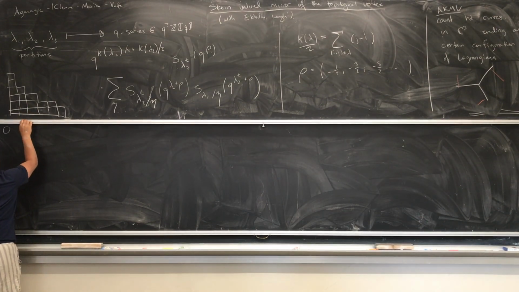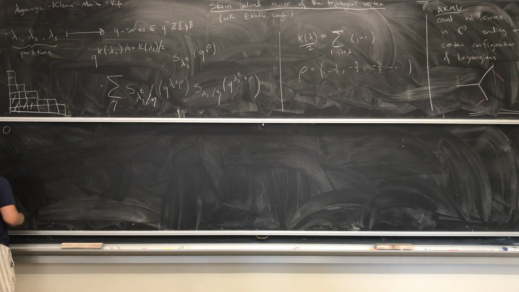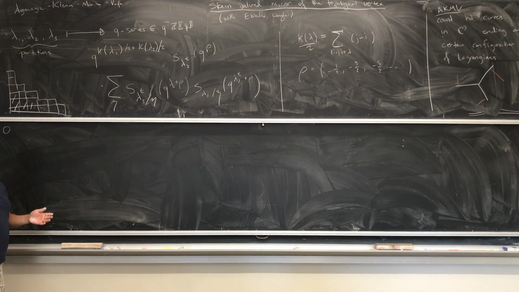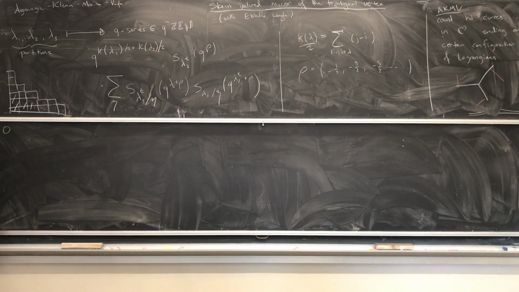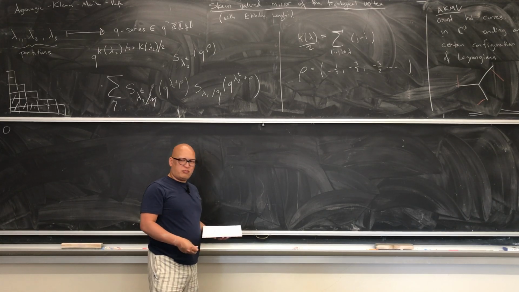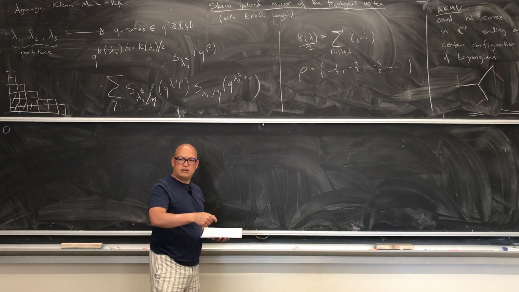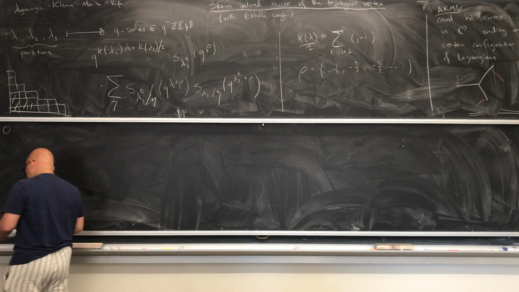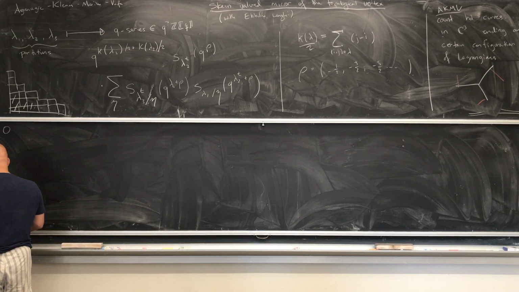For example, eta might look like this, and then you delete it, and you have this kind of skew shape, the difference, and there's something called a skew Schur function, which you then evaluate at this number. And the skew Schur function has some expression in terms of usual Schur functions. It's like the character of the representation of the infinite symmetric group. Whatever, it's some combinatorial thing.